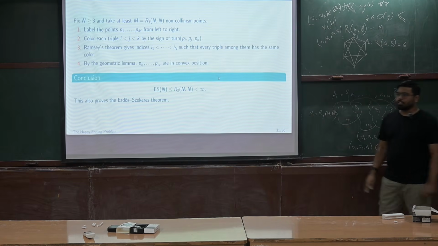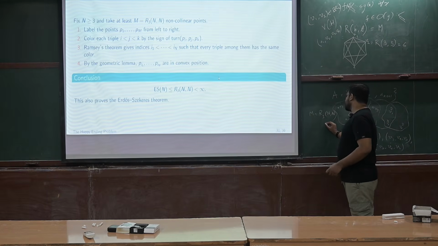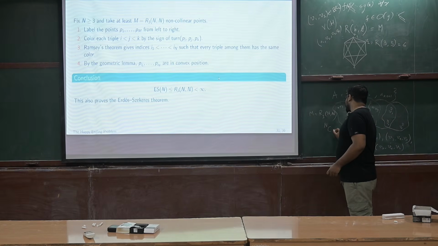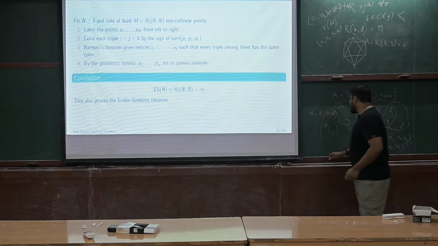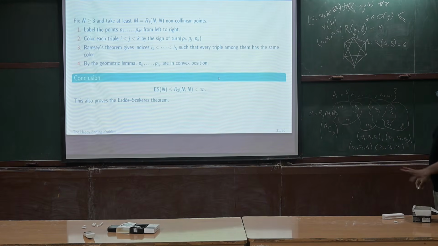Then if you have m many of these vertices, you can find n choose 3 many hyperedges that are all monochromatically colored. And then using that, you can always form a convex n-gon. And that becomes an upper bound for the Erdős-Szekeres number on n.